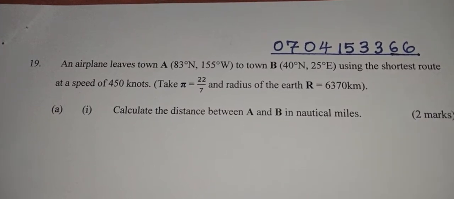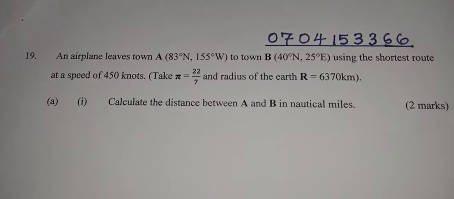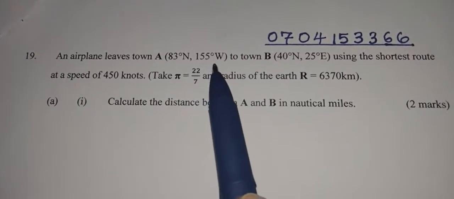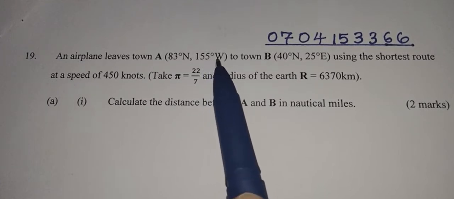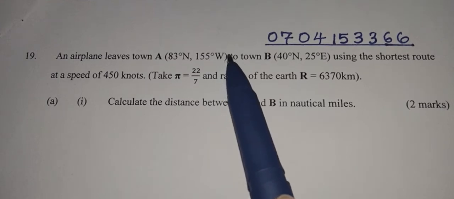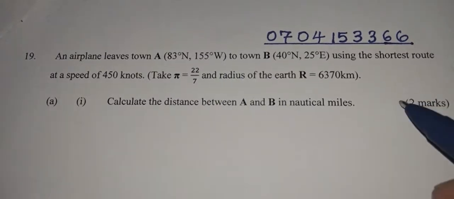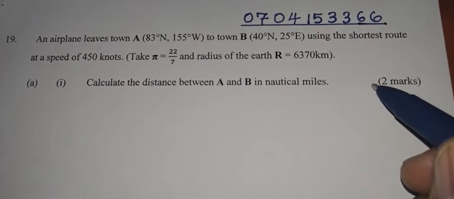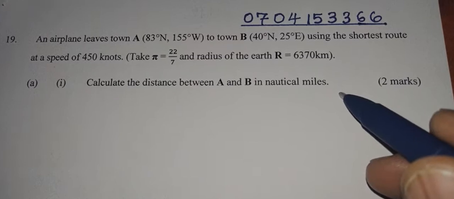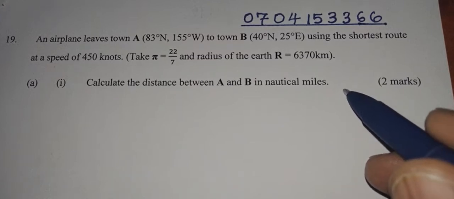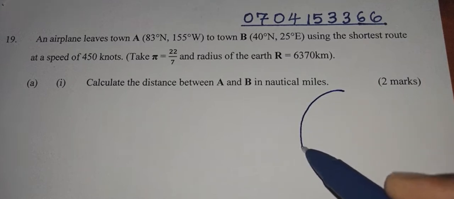Let us look at the solution of this question. I encourage my students to, first of all, begin by sketching the location of these places on the Earth's surface. So on my right hand side of the working space, I'll come up with a simple sketch of how the places have been placed on the Earth's surface.